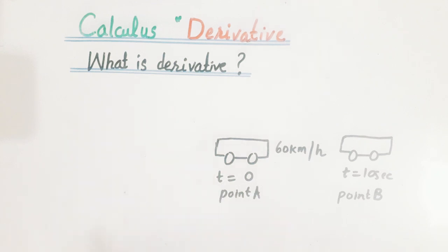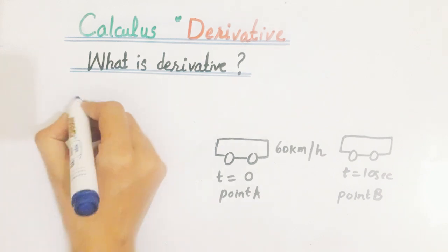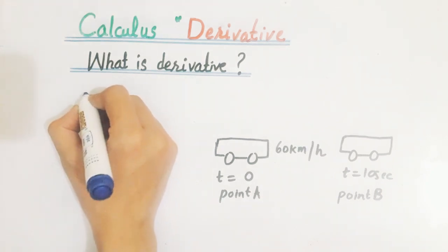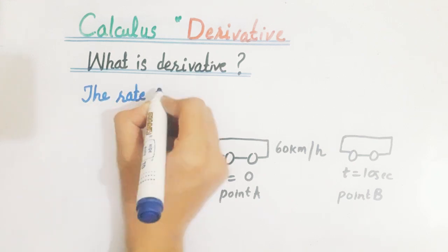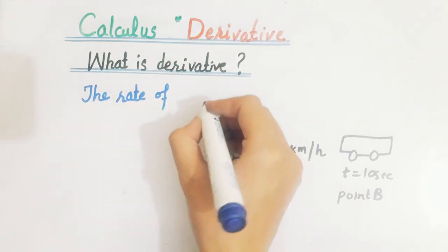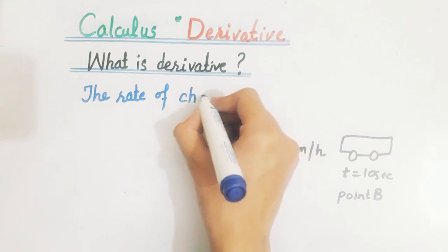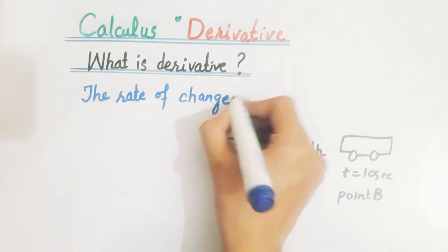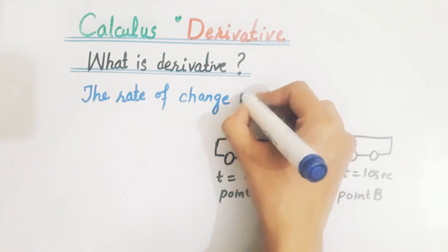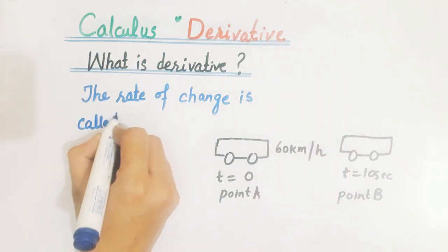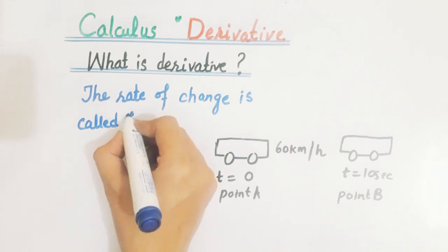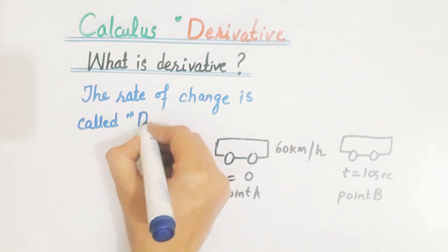So now I will write the definition of derivative. What is derivative? So you will easily understand that the rate of change is called derivative.